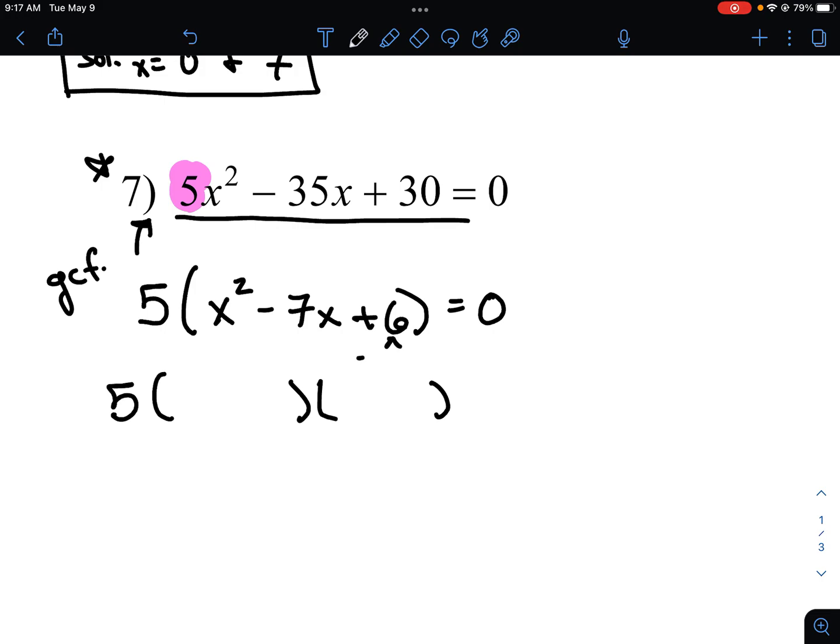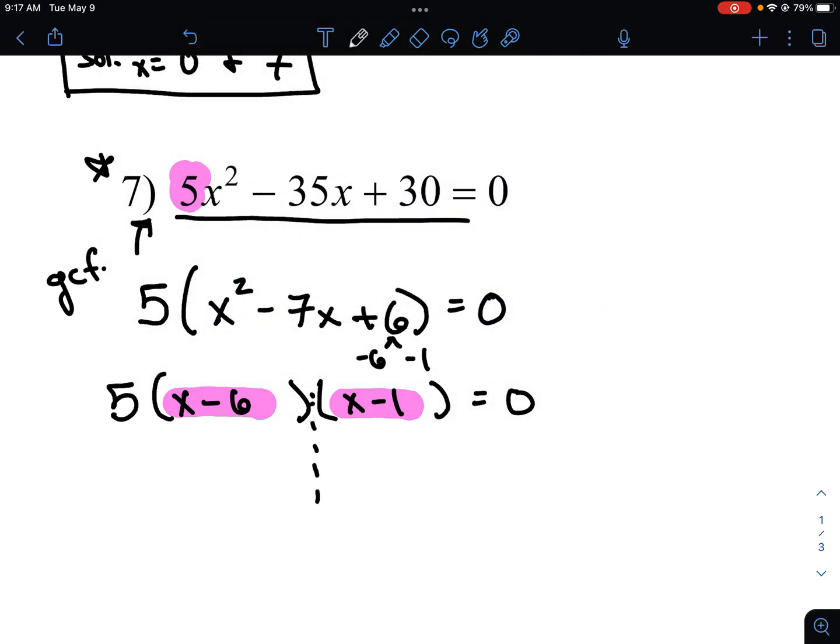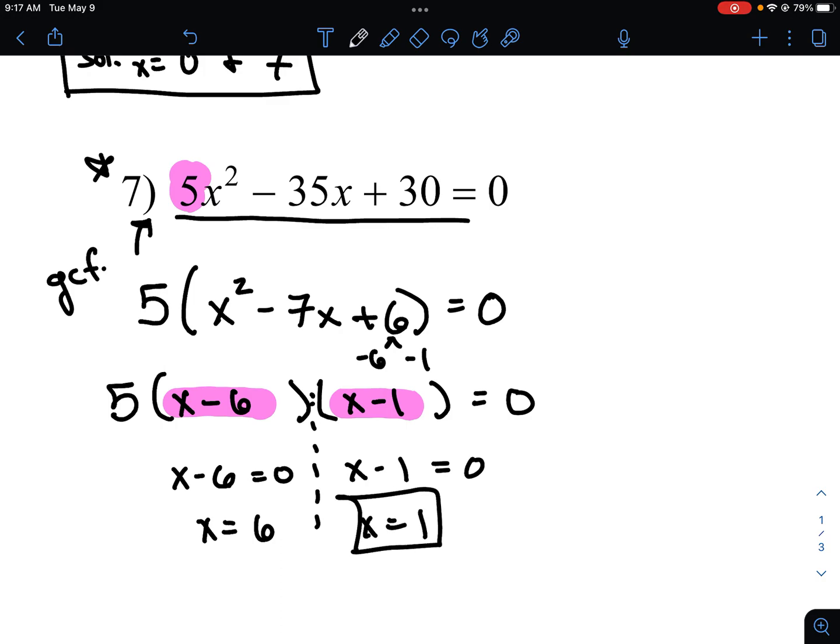So factors of negative 6 and negative 1 would add to negative 7. And you only need to solve these pieces. There's not an x with that 5. So when we split this up, you only need to worry about x minus 6 equals 0 and x minus 1 equals 0. So x would equal 6 and x would equal 1. Both of those are our options.